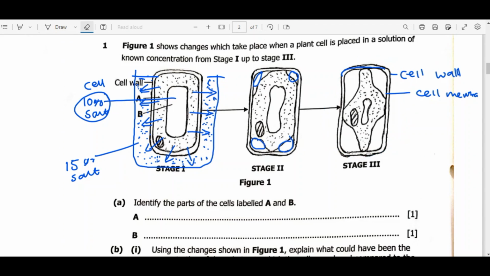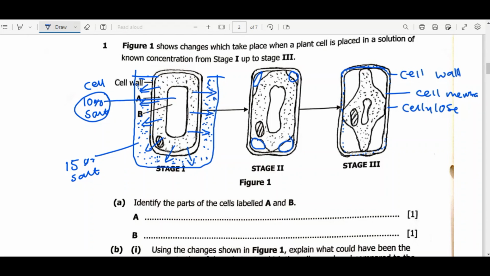But because of the structure, the outer part remained in its original state. This structure is called the cellulose. So the cellulose makes the plant cell remain in its original shape even after losing water. So that's the concept here.